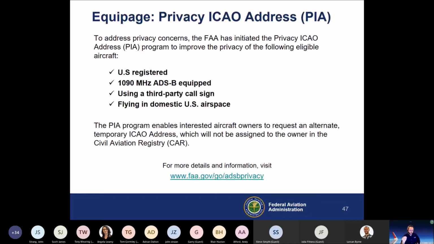And then when you're flying, maybe you're a CEO that's going to a merger, or maybe you're a rich person looking to buy a football team in Dallas or something, and you don't want anybody to know that. Anyway, you can do that, and you can continue to check out these addresses periodically. I think every 30 days you can get a new one. And if you're committed to privacy, there is a route.